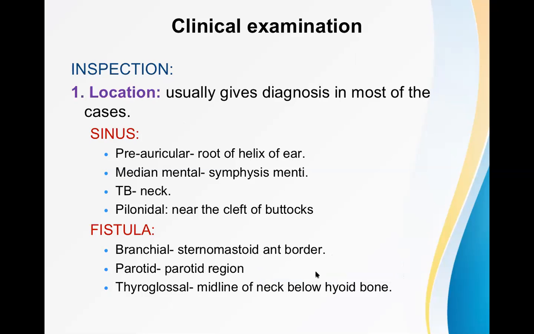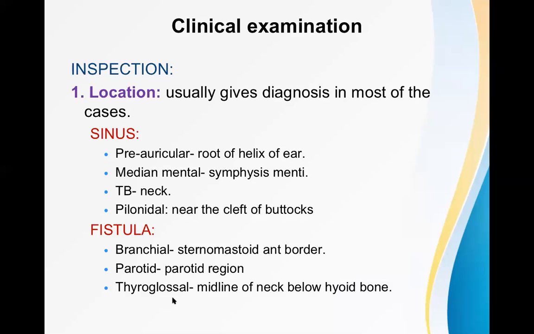This is the mumps virus. It is a very painful condition because the anterior surface of the parotid gland has very dense fibrous tissue, so the parotid gland cannot swell anteriorly or on the surface. That's why it is a very painful condition if somebody develops mumps.